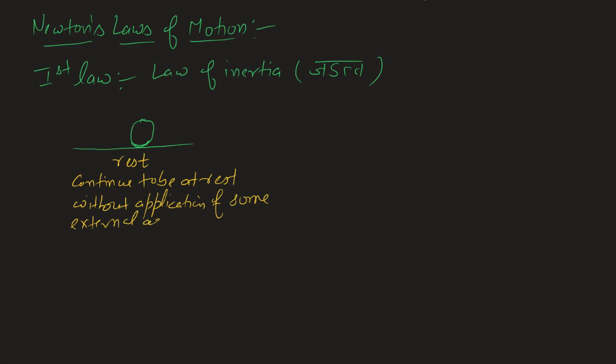Agency can be in the form of force also, or some effort. So this is what we call Jadatva, that is not going to change. Until and unless some external agency is applied upon it, it will continue to be in the position of rest.